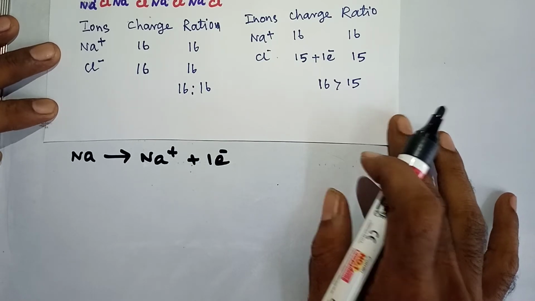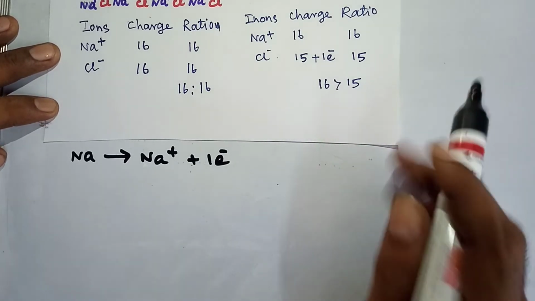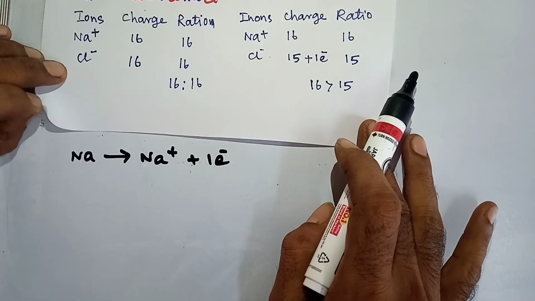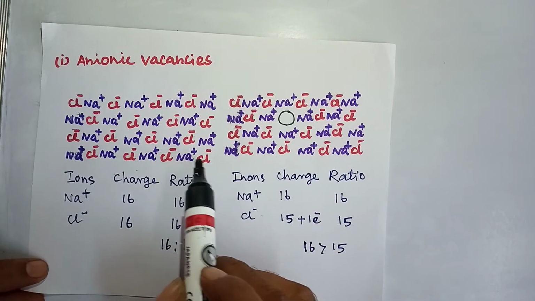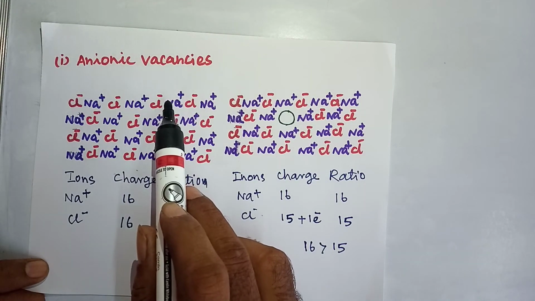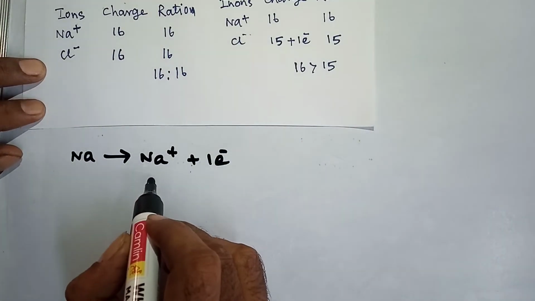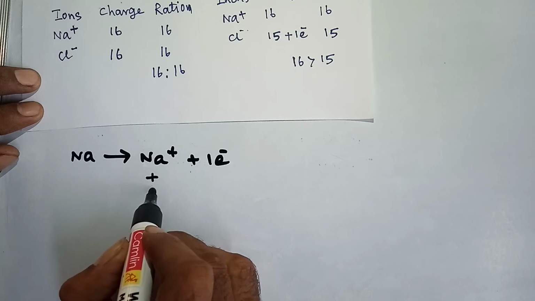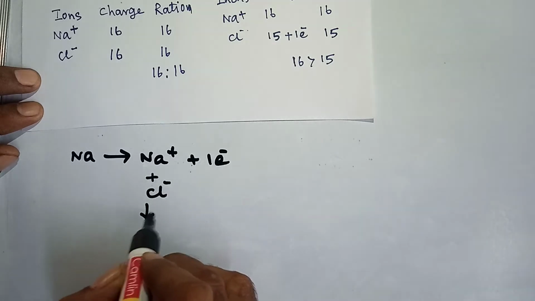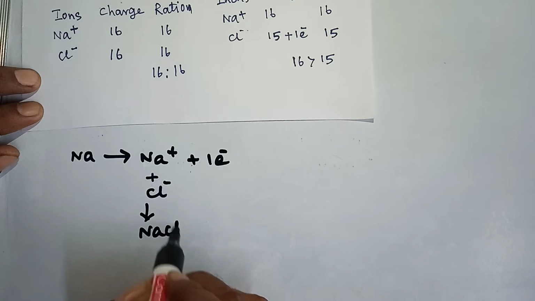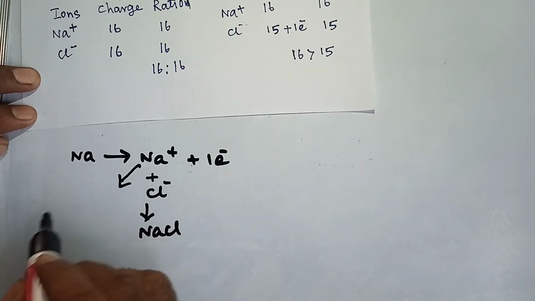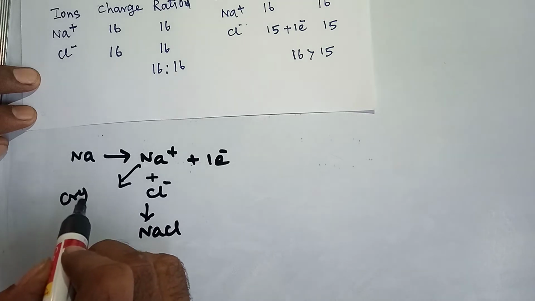For maintaining electrical neutrality, one chloride ion diffuses from the lattice point to the crystal surface and combines with the Na plus ion, forming NaCl. This is present on the crystal surface.